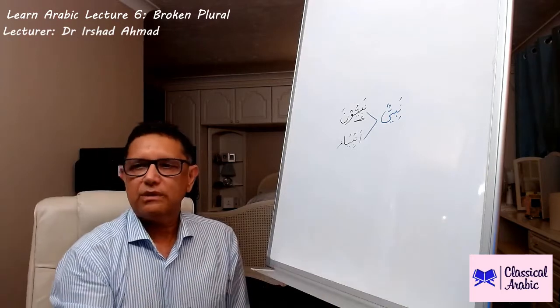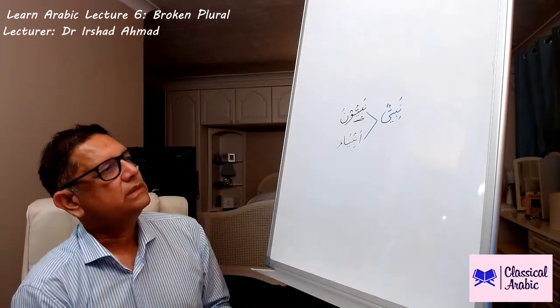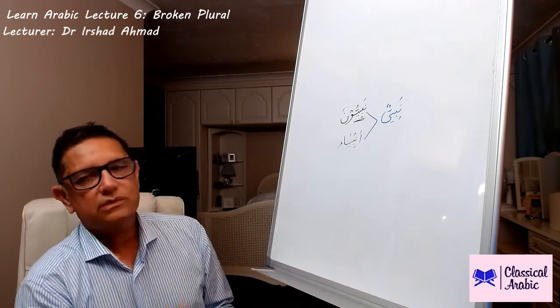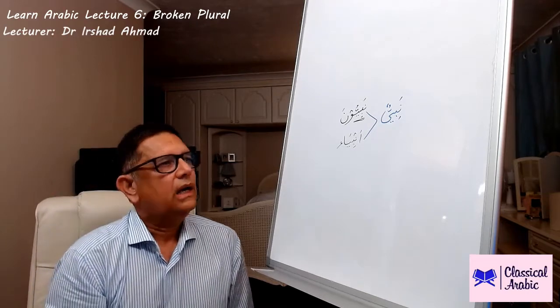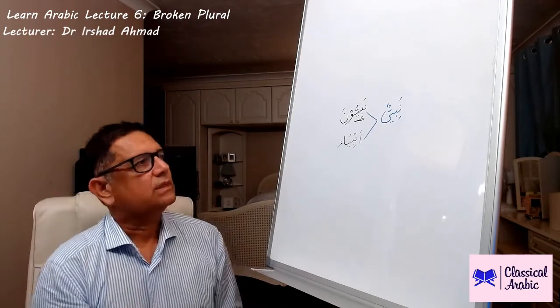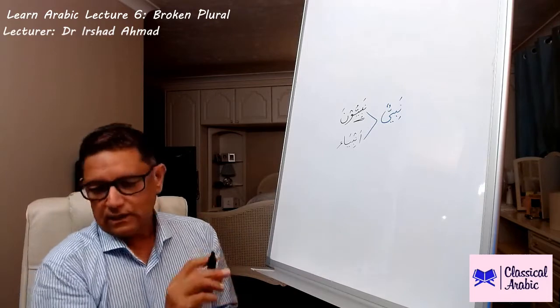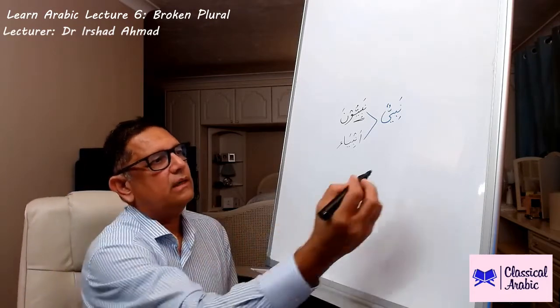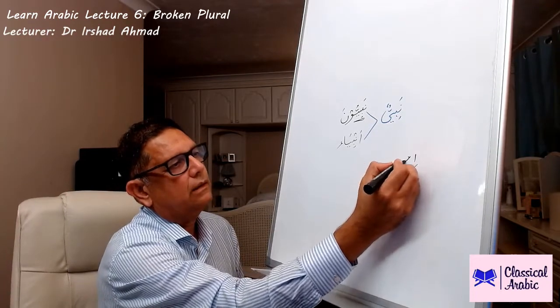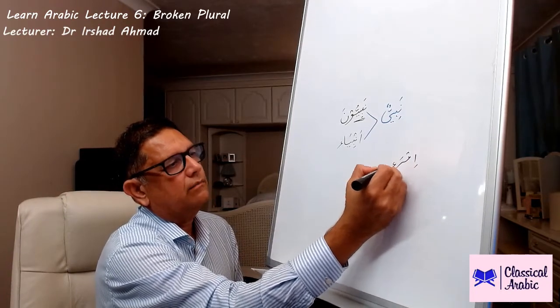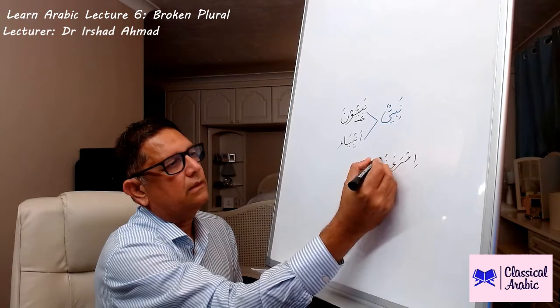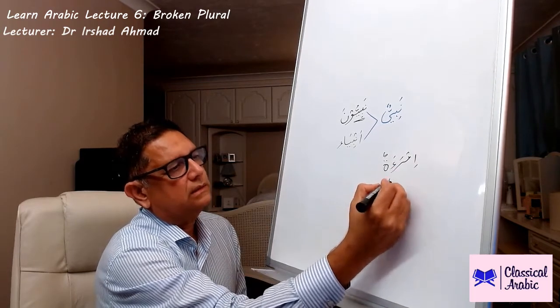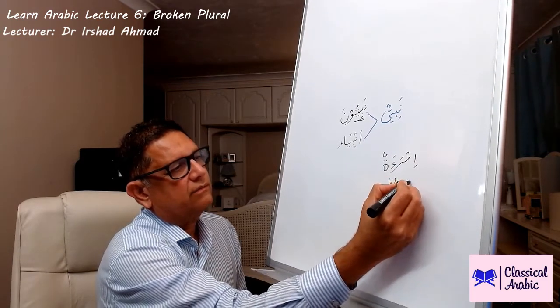But broken plural is the accepted terminology, and we're going to continue to use broken plural, and better still just call it jama mukassar. There's another interesting word which is Imra'atun, translated, well, that's the correct translation, woman.